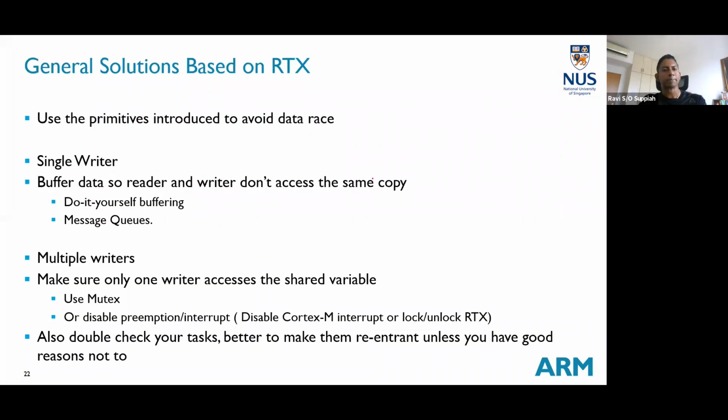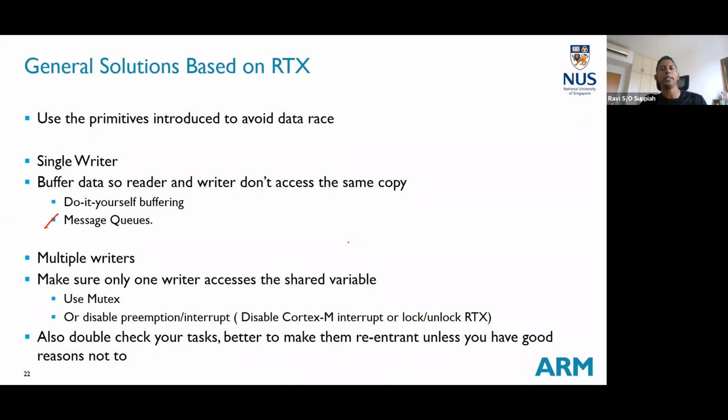Of course, one other way of avoiding shared data is using message queues, like what we have seen. In message queues, you don't have this problem because you are explicitly sending a message from one task to another task. So no other task is coming in between to try and take the data from you. So in that case, you do not need to protect that data.